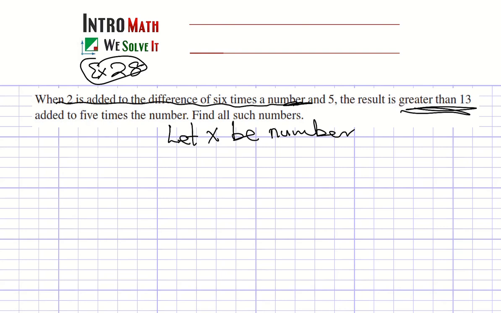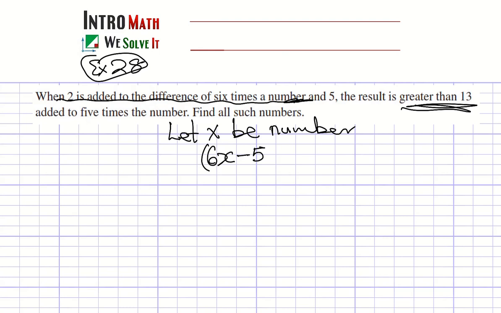When 2 is added to the difference of 6 times a number and 5. So that means 6 times X, the difference of that and 5. And they say when 2 is added to the difference, so you add 2 to the difference. And then it says the result is greater than 13 added to 5 times that number.